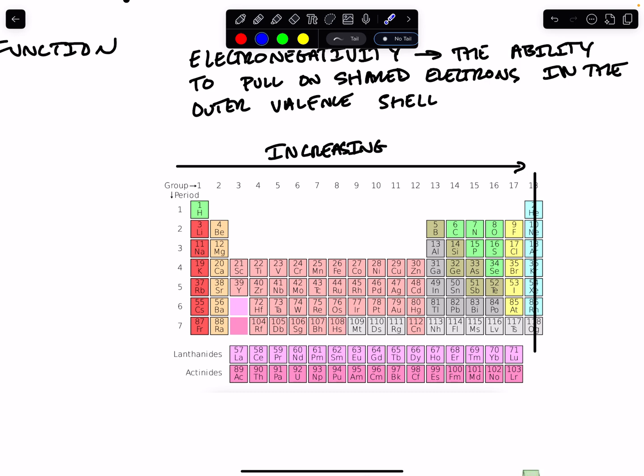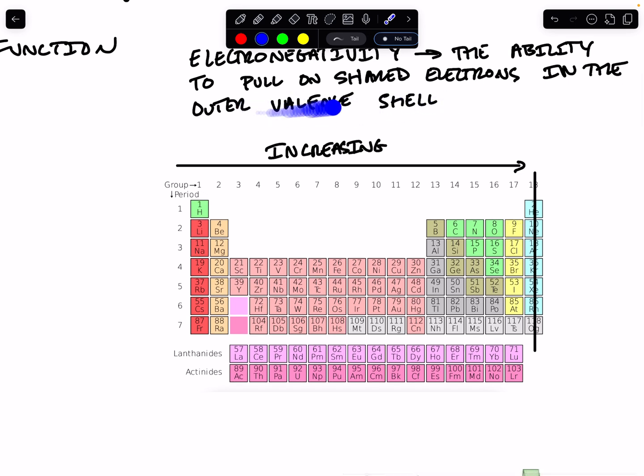As we move from lithium to beryllium to boron to carbon to nitrogen to oxygen to fluorine, what makes these different is that lithium has 3 protons, whereas fluorine has 9 protons. And so the ability of lithium to pull on electrons, because it only has 3 positive charges, is less than the ability of fluorine to pull on electrons because it has 9 positive charges in its nucleus.